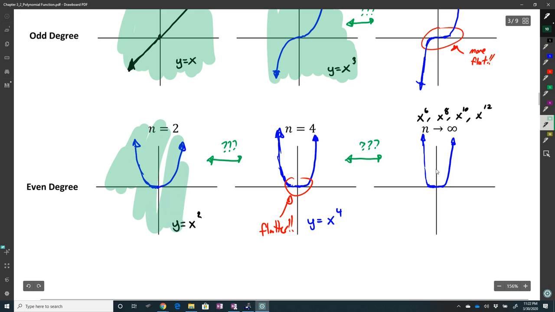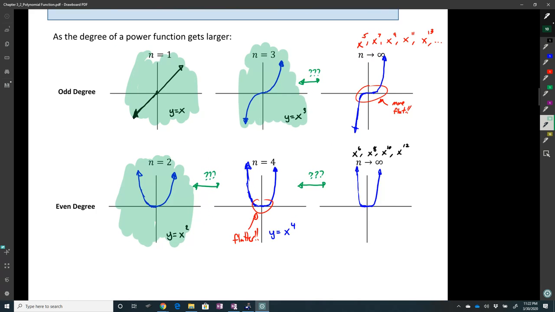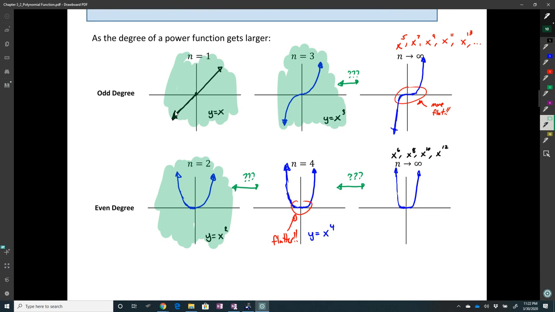As far as freehand sketching, the main three I want you to worry about are degree 1, which is a straight line, degree 2, which is a parabola, or degree 3, which is the snake figure. You don't have to worry about all the other subtleties between all the others.